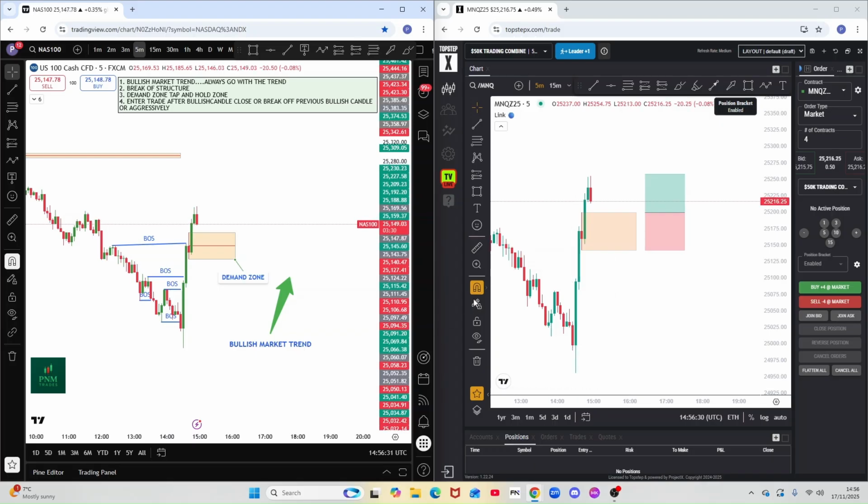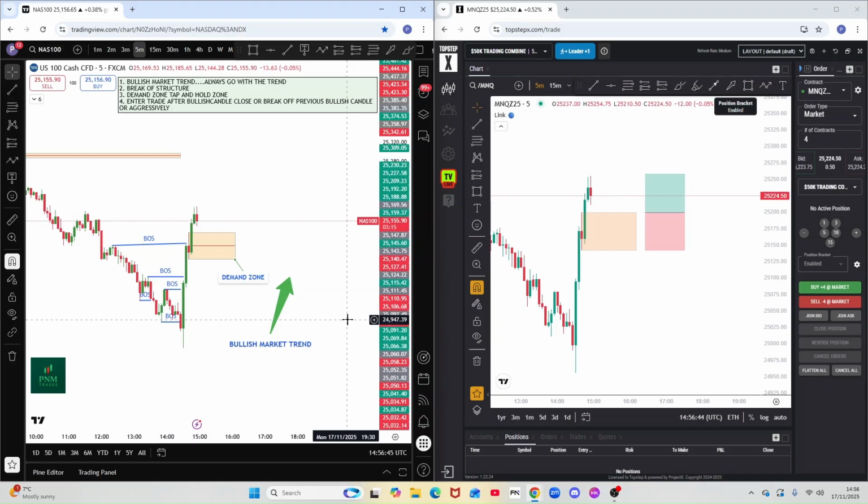Price is coming down. Let's see if we will get a tap. We are ready. So we haven't got a tap yet. And the whole idea is to get in the trade as close to the zone as possible, because the further away you go, the higher the stop loss size.